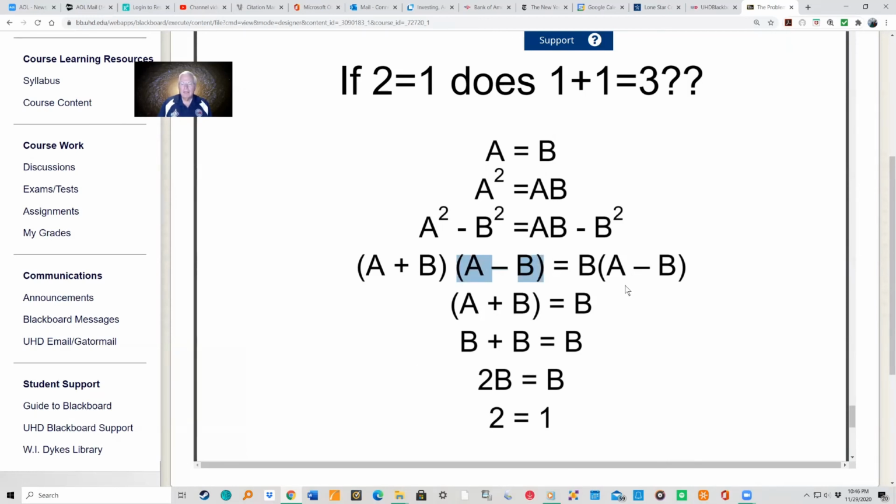You notice we have A minus B and A minus B, and I said we'll cancel. Canceling is not a mathematical operation. I wish I could take that out of people's vocabulary. What you are really doing is dividing both sides by A minus B. And if A is equal to B, A minus B is equal to 0.